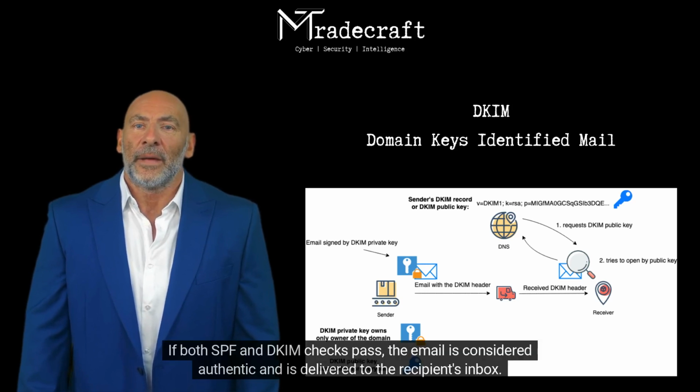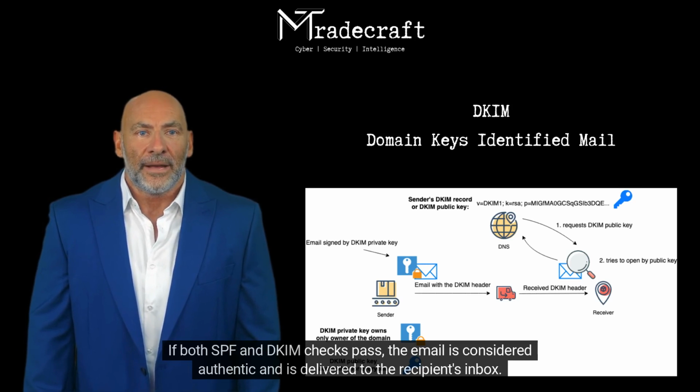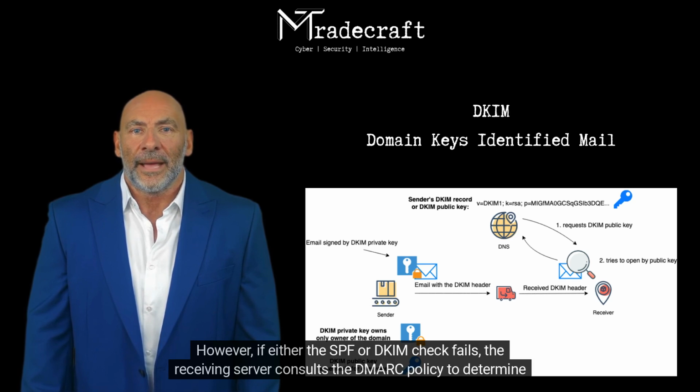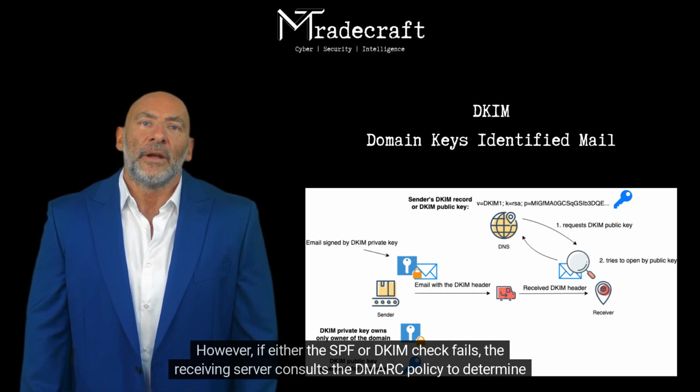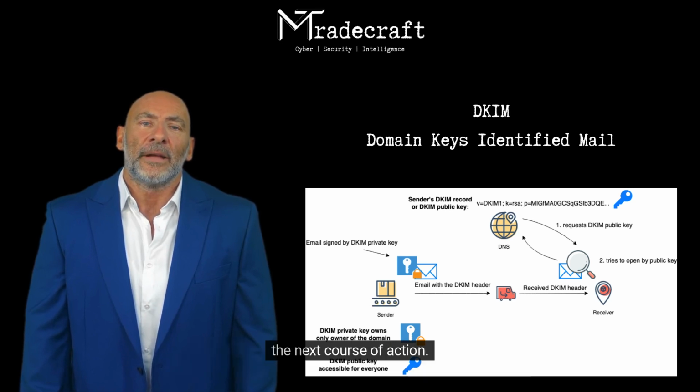If both SPF and DKIM checks pass, the email is considered authentic and is delivered to the recipient's inbox. However, if either the SPF or DKIM check fails, the receiving server consults the DMARC policy to determine the next course of action.